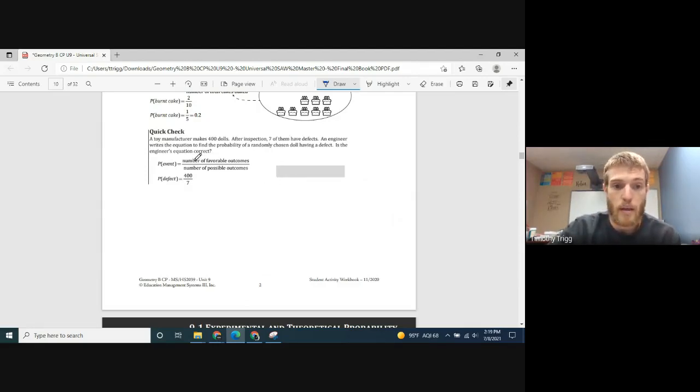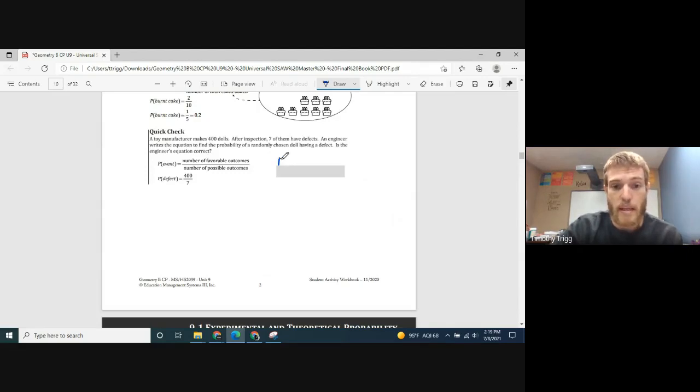It says number of favorable outcomes, but that's basically whatever you're looking for. It doesn't necessarily need to be favorable. Like in this case, a defect on the toy is not favorable, but that's what you're looking for. So it's whatever you're looking for divided by the total.